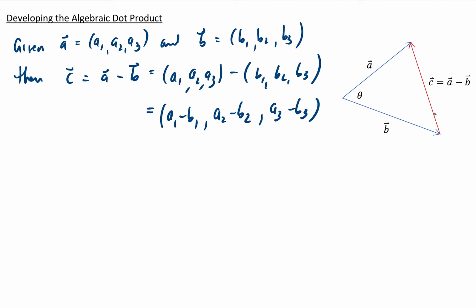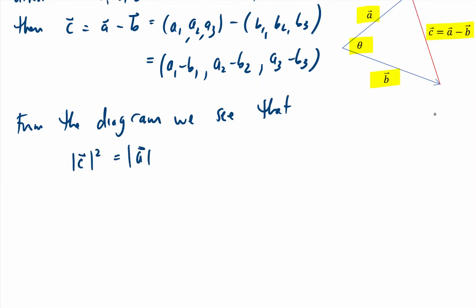So we now have vectors a, b, and c. Since we have vectors a, b, and c, and this angle here, we can relate these four quantities using the cosine law. And we're going to call this equation number 1.